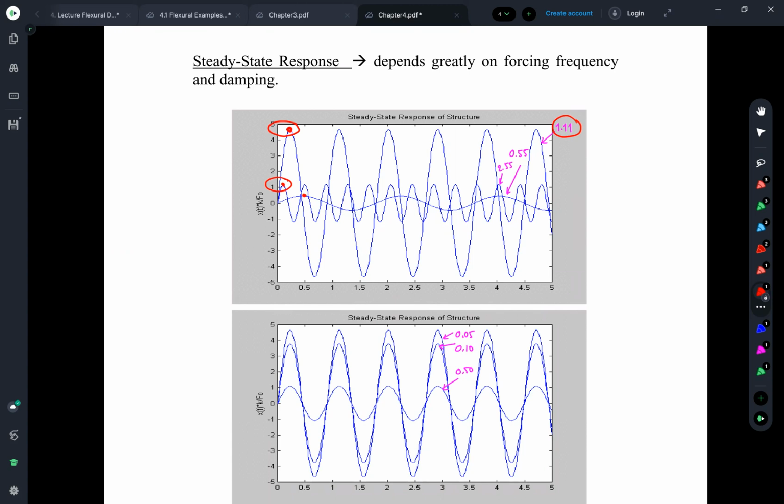Therefore, maybe the magnification of those forces is not 4 times, 5 times like this. Maybe just 1 point something, 2 point something. It depends, right? We don't know exactly what the next earthquake that will hit your building will be. No one knows. But for sure, it's not a pure harmonic. It's similar to harmonic, it's not pure.